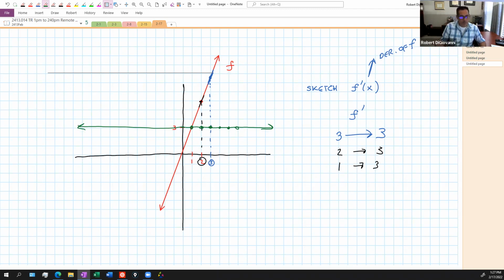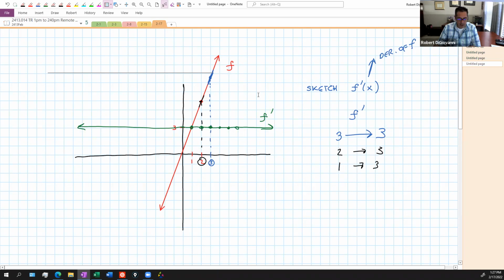And so your answer would be 3, which is just the slope of the original line. What I'm trying to get y'all to see, though, is that the green graph is actually a picture of the derivative. Okay? Things get hard when f is not a line, which is the next example.